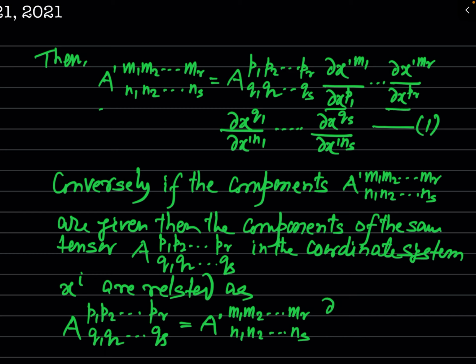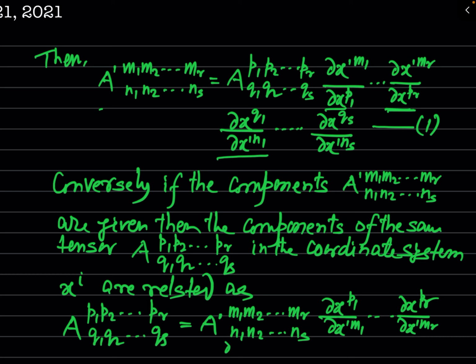So this will be del x p1 by del x' m1 so on. Again take the converse of this. This will be del x pr by del x' mr, and here is del x q1 by del x' n1, you should take its converse.